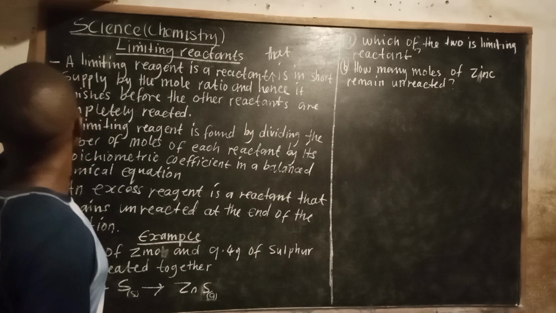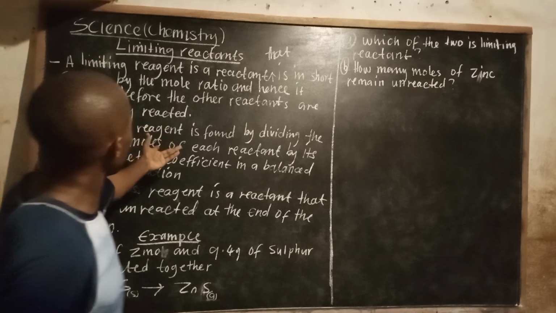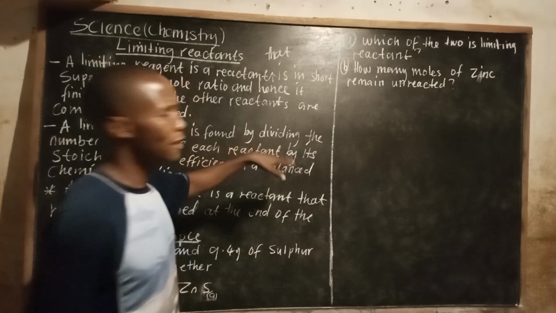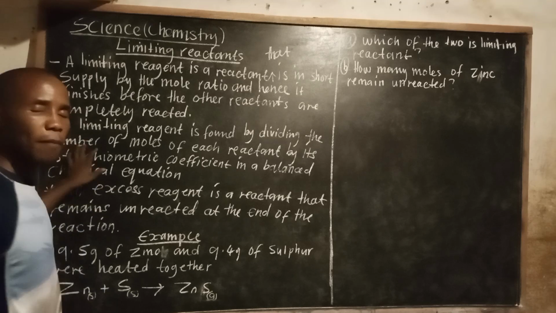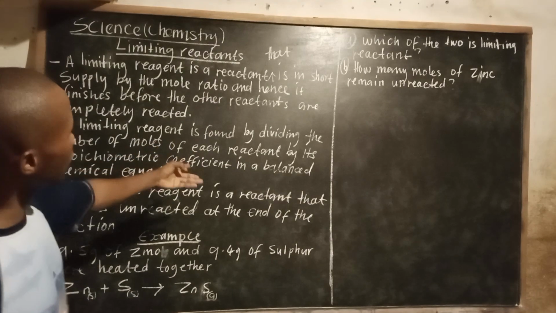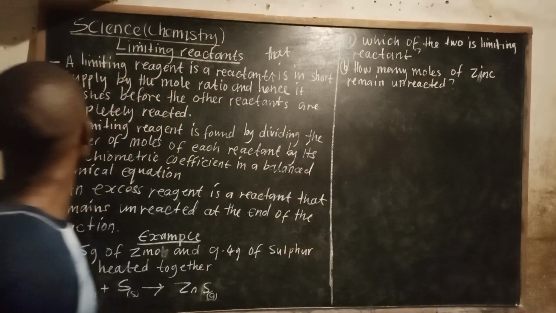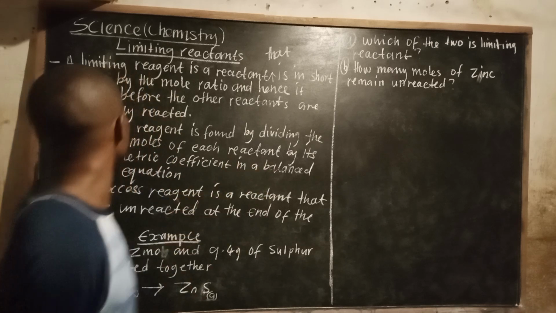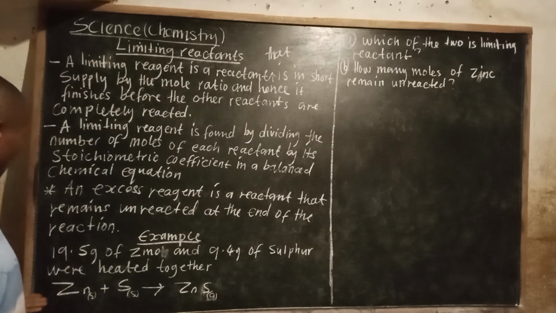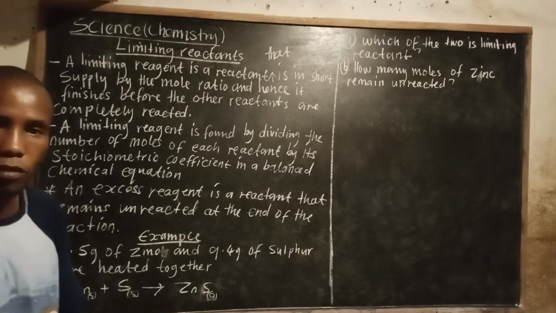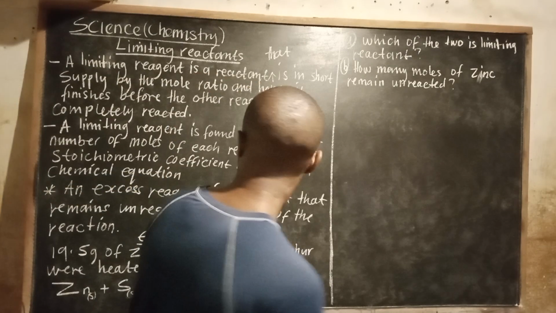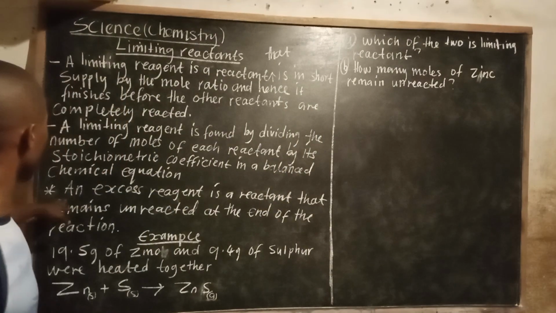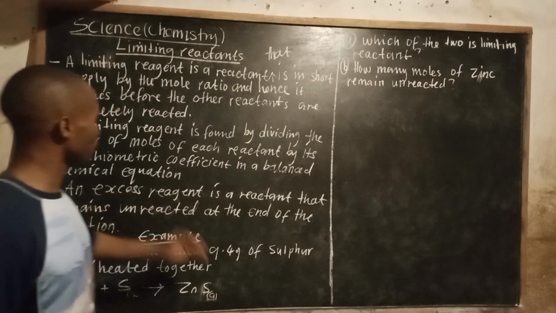Now from there, we are saying a limiting reagent is found by dividing the number of moles of each reactant by its stoichiometric coefficient in a balanced chemical equation like this one that we have. You are going to see the examples. So let us also talk about the excess reagent.